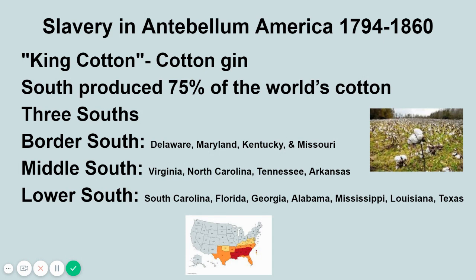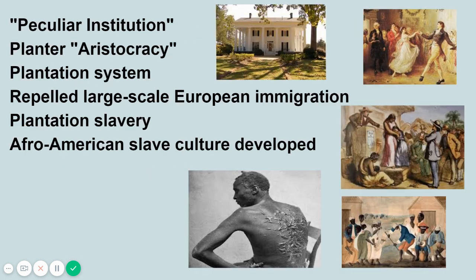As you went to the Middle South, you would see more institutional slavery and plantations, and the Lower South, South Carolina, Florida, Georgia, Alabama, Mississippi, Louisiana, and Texas, would be the ones that heavily invested in cotton, and this is where you would see the larger scale plantations. The Lower South would have the wealthiest and those with the most political power.